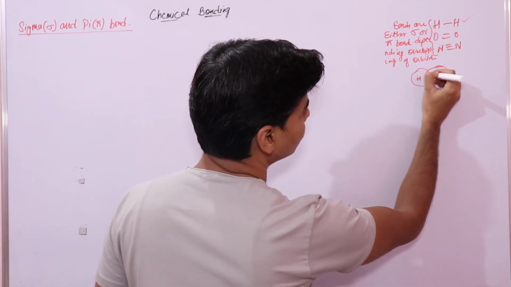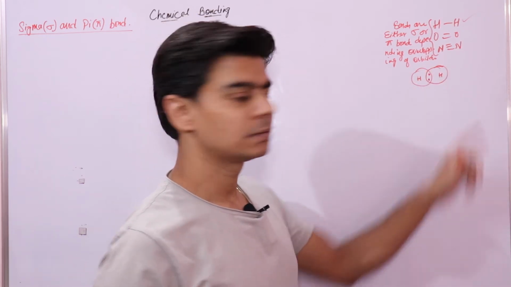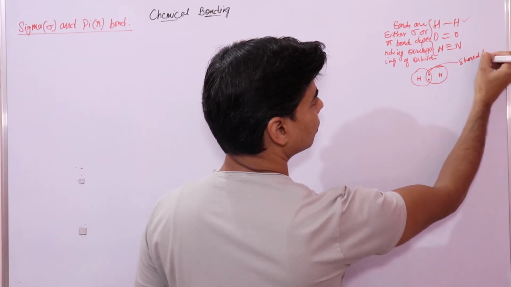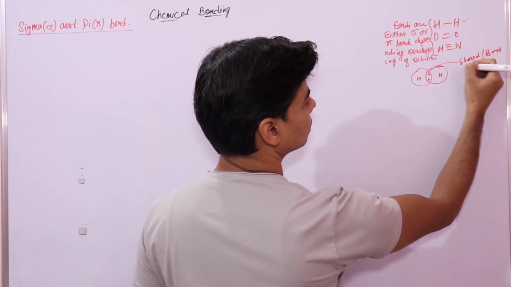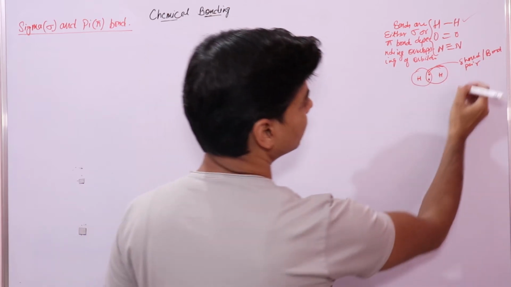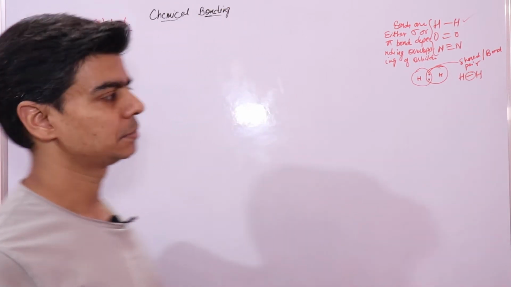This electron now belongs to both the hydrogen atoms. We called it earlier the shared pair or bond pair of electrons. It is due to these two electrons that a bond gets formed between hydrogen atoms.